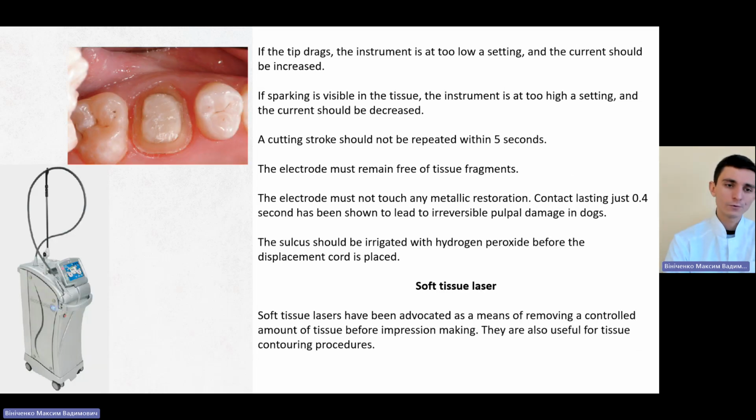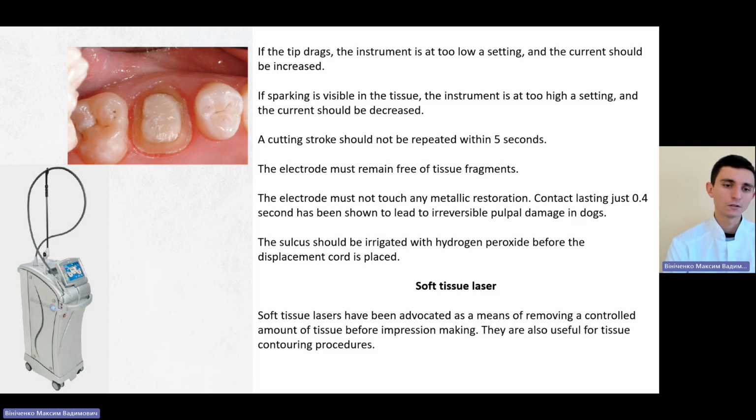If the tip drags, the instrument is at too low a setting, and the current should be increased. If sparking is visible in the tissue, the instrument is at too high a setting and the current should be decreased. A cutting stroke should not be repeated within 5 seconds, and the electrode must remain free of tissue fragments.